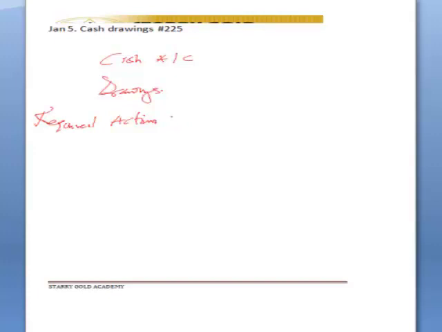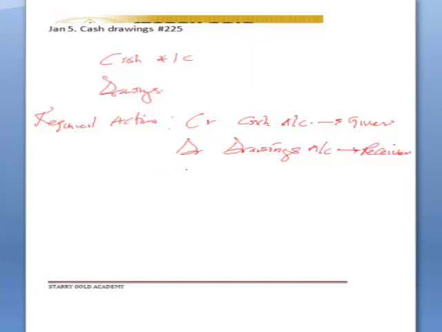So the required action here is that we shall credit cash account, because cash account is the giver in this case, and we shall debit drawings account, because drawings account in this case is the receiver, that is the receiving account.